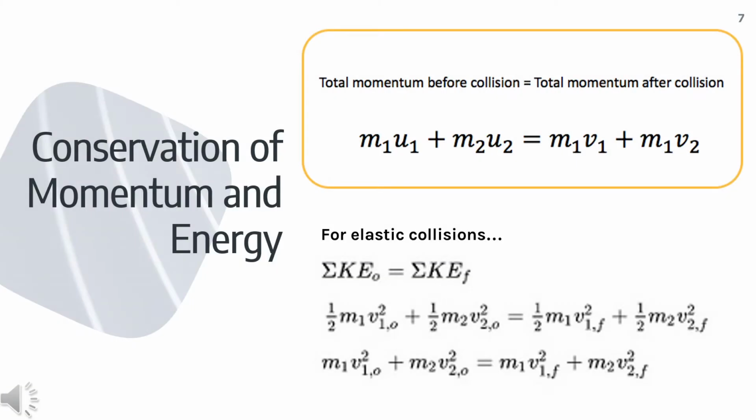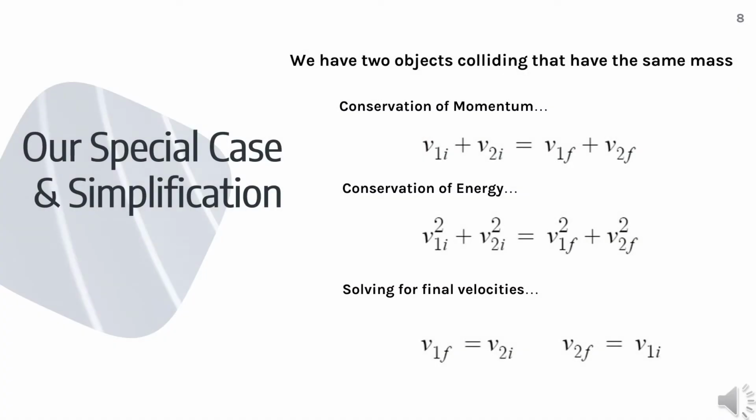In collisions, there's always conservation of momentum, which uses those initial velocity values we calculated. However, you'll notice that still leaves two unknown variables, both final velocities. Lucky for us, this was an elastic collision, meaning we can use conservation of energy as a secondary equation. We are also solving for a special case. We have two objects colliding that have the same mass.